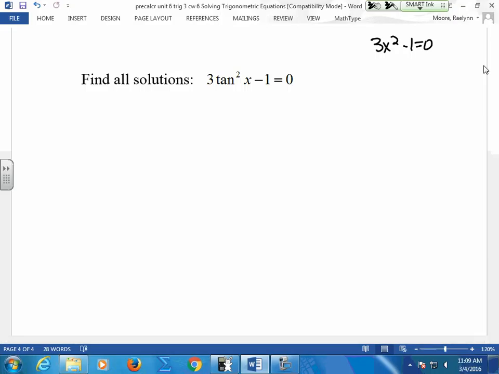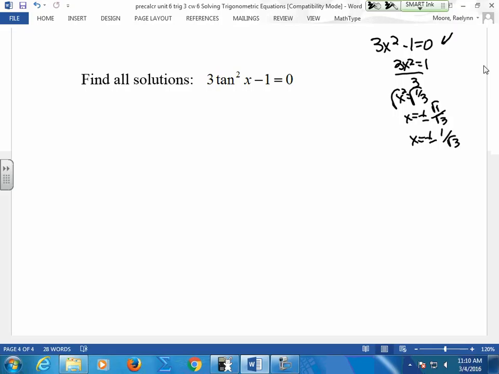Tangent x is my variable, but it just so happens it's squared. What would I do to this to solve it? Add 1, then divide by 3. Then square root. So then I would get a plus or minus. Radical 1 over radical 3 would be plus or minus 1 over radical 3.